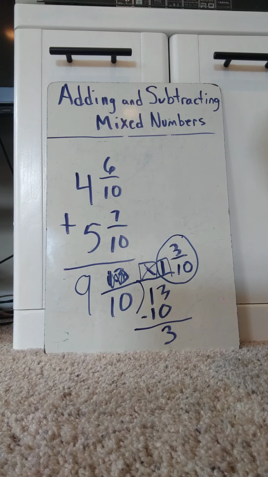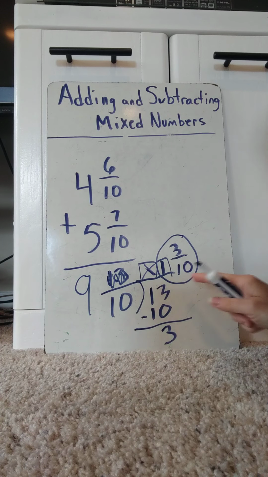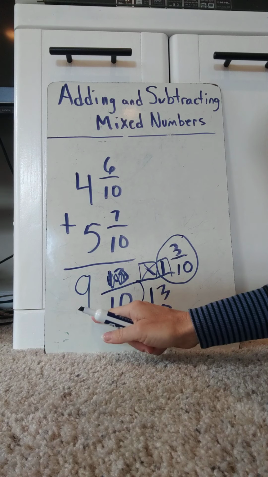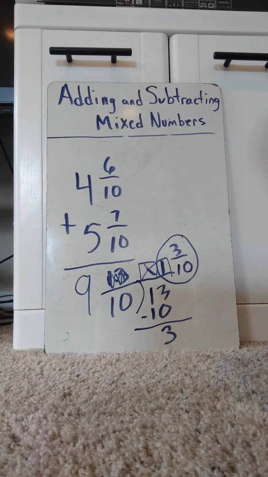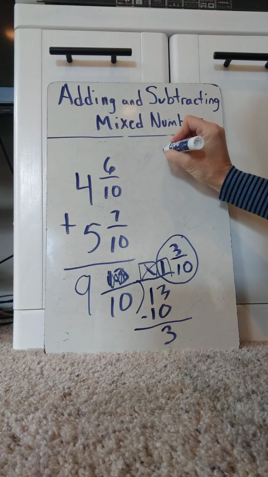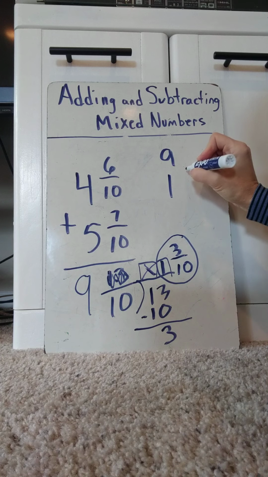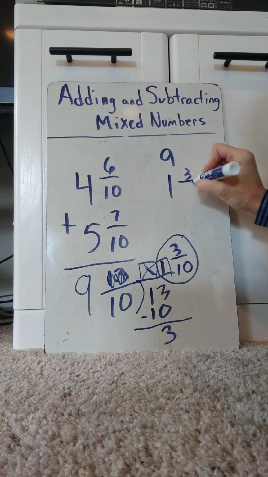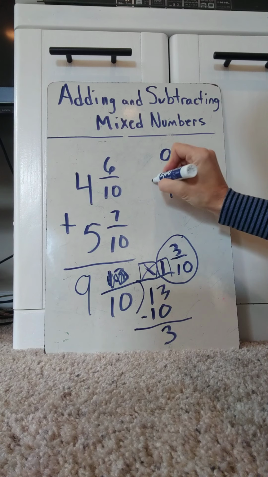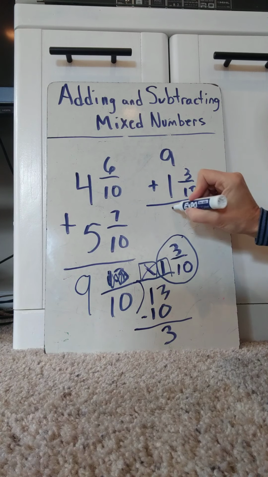Now, I'm not done yet, because I still have this 9 here. So I have to add these together, the 9 and the 1 3/10, to get my answer. So I'm going to rewrite that. I have 9, and then I have 1 3/10. Okay, so we know 9 plus 1 is 10.